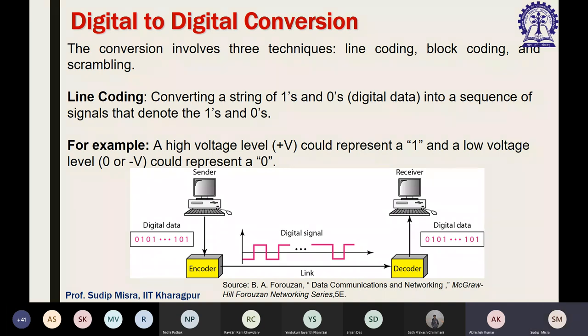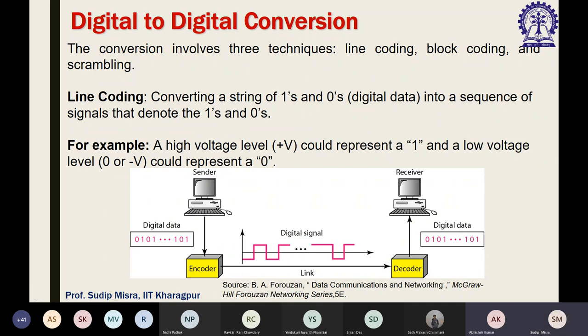So you have a sender computer and a receiver computer. You need a pair of encoder and decoder in order to encode the digital data in the form of a digital signal, which is going to be transmitted over the wire, and then decoded at the decoder end of the receiver, and this digital data is extracted at the receiver.